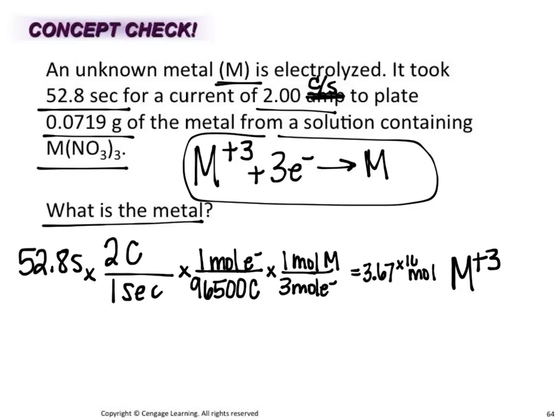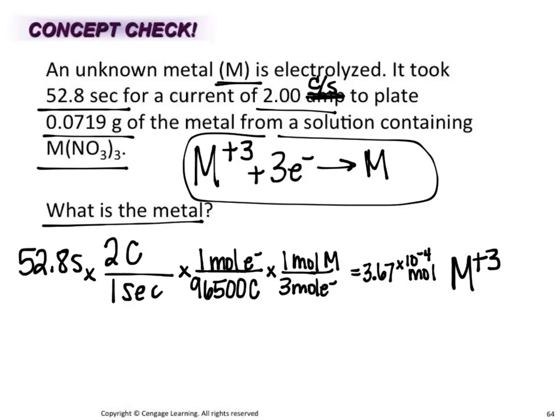Did you get 3.67 times 10 to the negative 4? Yes. 3.67 times 10 to the negative 4 moles of M. It's close enough.